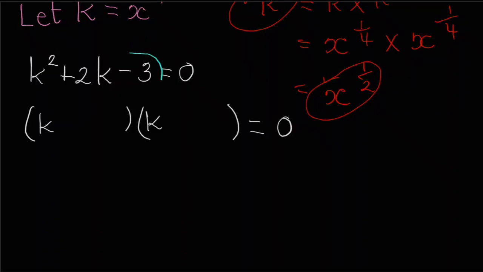Next, we look for factors of the last term. When we multiply them, they need to give us the last term, but when we add them, they need to give us the middle term. Since 3 is a prime number, factors of 3 would be 1 and 3. However, for the sign manipulation, since we need to add and get a positive 2, and we need to multiply and get a negative 3, we understand that the factors need to have opposite signs.